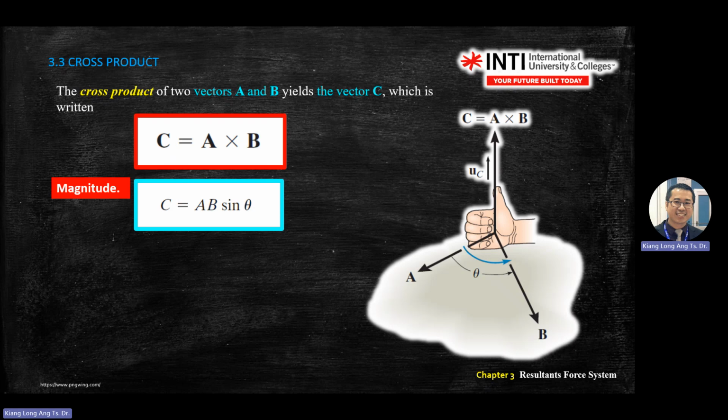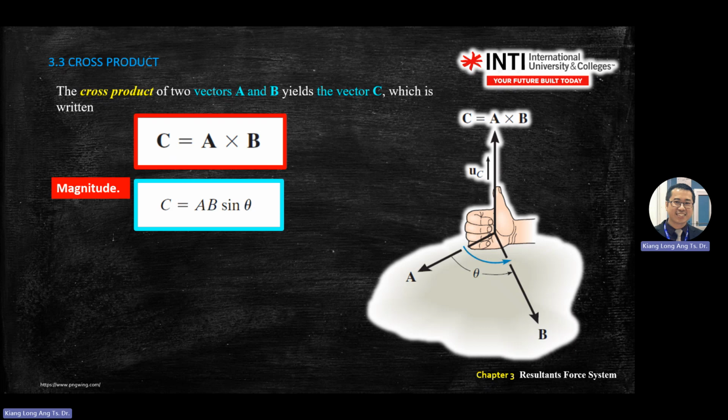So cross product is a bit different from dot product. A cross B equal to AB sine theta. With dot product, we want to combine two vectors together, multiply the two vectors together, and you get this one.